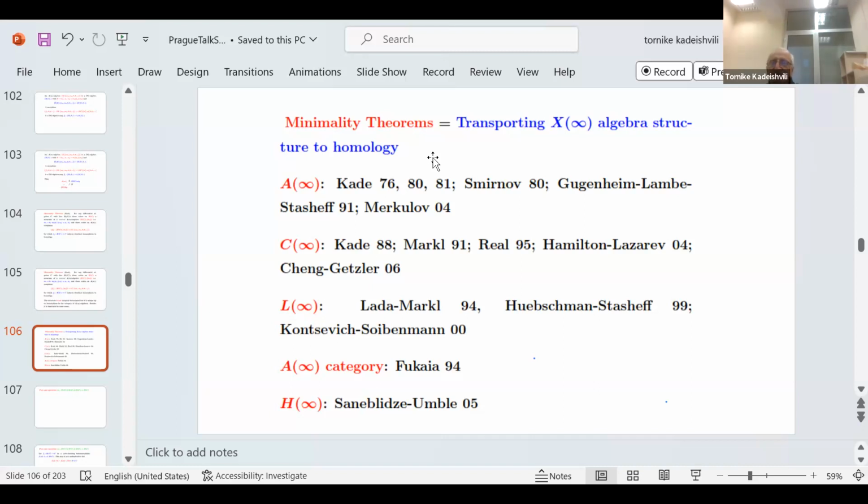There are several 1,000 candidates to be extra dimensions, and Kenji Fukaya proved that to each extra dimensional manifold corresponds its infinity minimal model, and the 2 of them produce the same physics if their infinity models are the same.